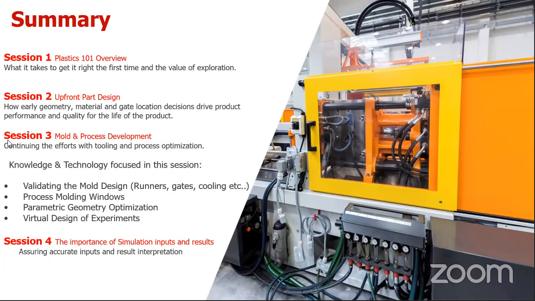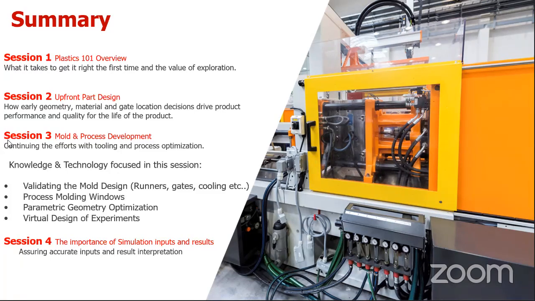All right, so to summarize, this was, of course, session 2. What we focused on mainly was upfront part design. So how do you make these decisions early on, right? What are the principles, what are the guidelines that you would keep in mind before we made these decisions about part design going in?